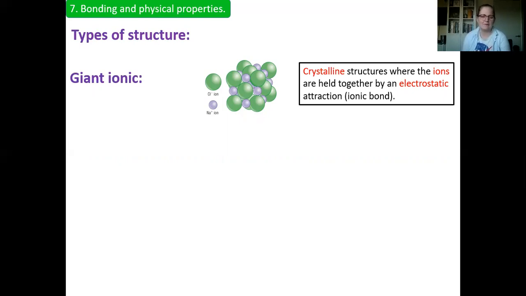They have really high melting points. The ions are in fixed place. They do not conduct electricity as a solid. That's really important to remember, that ionic structures do not conduct electricity as a solid. And they are charged molecules, so they are soluble in polar solvents. They have no intermolecular forces, just that ionic bonding.